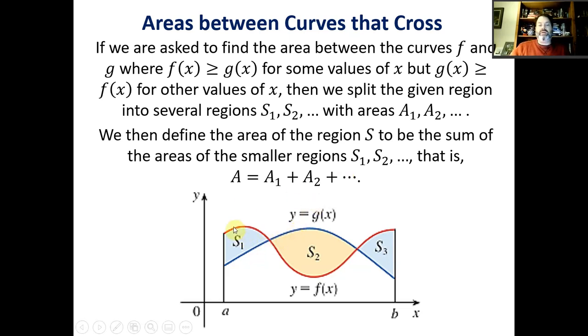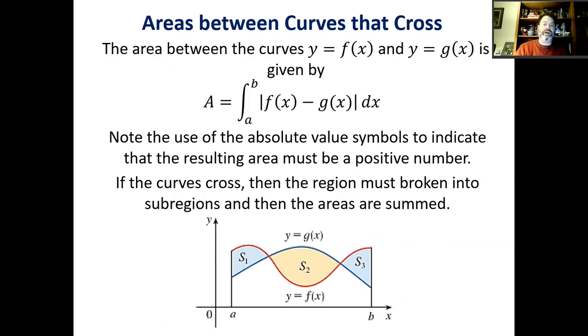And you can see that here. Because if you just did the integral from a to b of this function minus this, you'd get a number close to 0, because this would be positive, this would be negative, this would be positive. We don't want that. We want all these numbers to be positive. So you'd have to split this integral up into regions. And that's what it says on this slide.